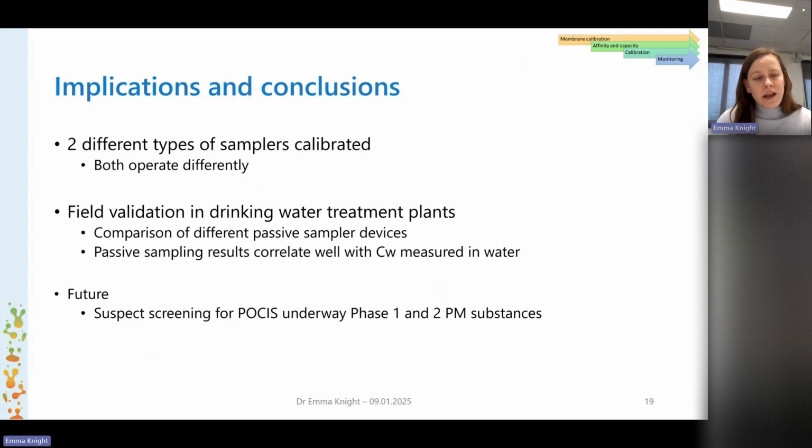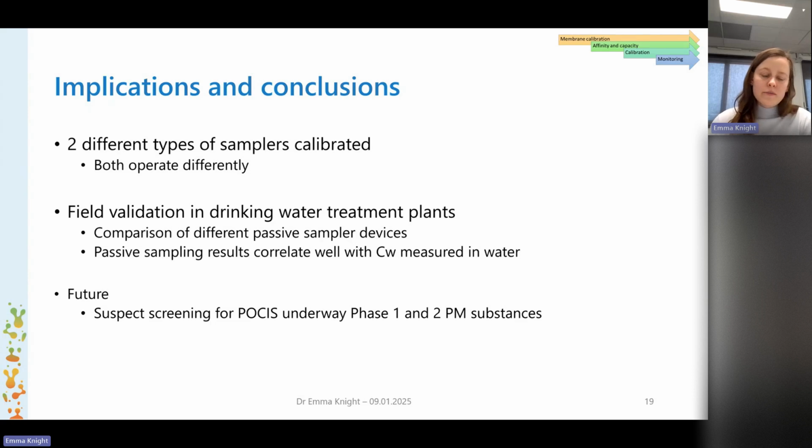So the implications and conclusions are that we have two different types of samplers that we've calibrated. They both operate very differently based on the receiving phase physical properties. We've done a field validation in the drinking water treatment plants where we're able to compare not only the difference between the passive sampling devices that we've got, but also the difference in concentration measured in the water versus concentration measured from using the passive sampling results, and that they correlate really well.